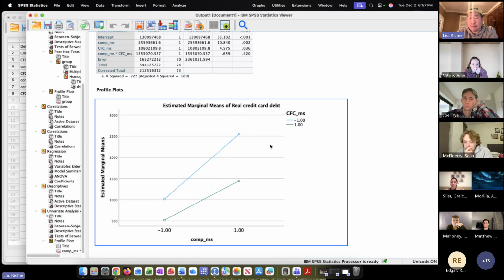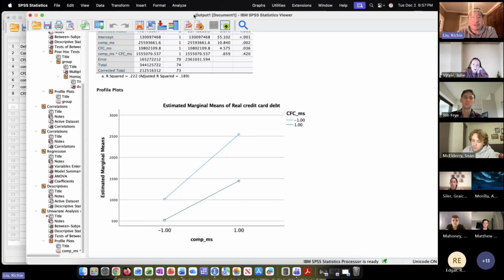Probably one will be flat and one will have a slope, so it'll be crystal clear how to interpret that. Essentially, with a slope that's parallel to the x-axis, there are no differences. There's nothing happening. You'll be focusing more on your interpretation of the slope that has differences across the different conditions. Okay, does that make sense?